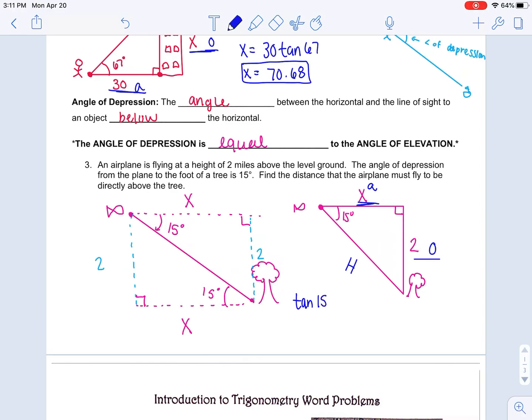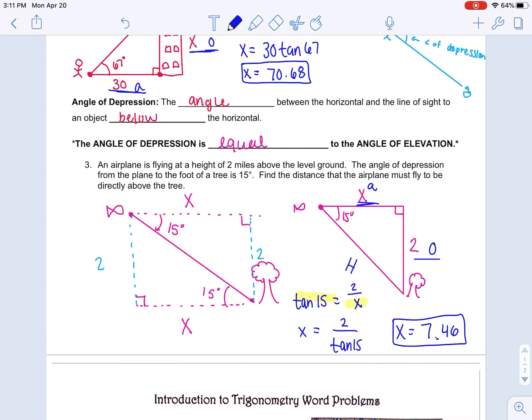So we can say tan of our angle, tan 15, is equal to O, which is 2, over A, which is X. X is on bottom, which means these switch places. So I get X is equal to 2 over tan 15. So that's what you put in your calculator. 2 divided by tan 15. And it should give you that X is equal to 7.46.